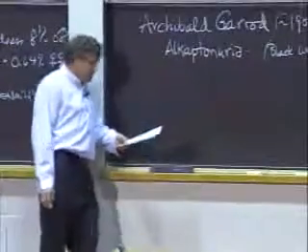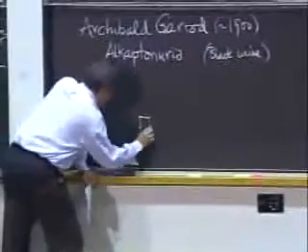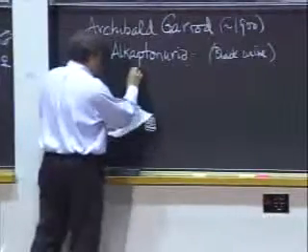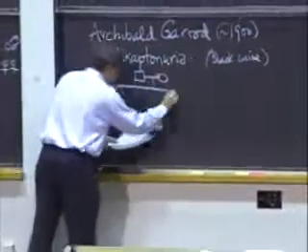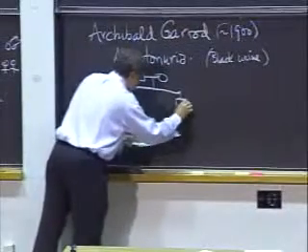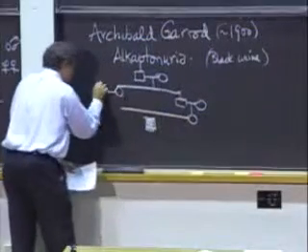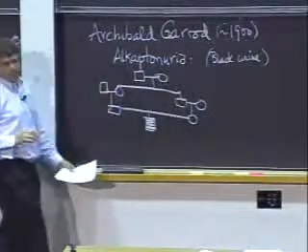So he observed this, and what Garrod noticed when he studied children with alkoptonuria is that a very large fraction of affected offspring were in fact produced from matings of first cousins.